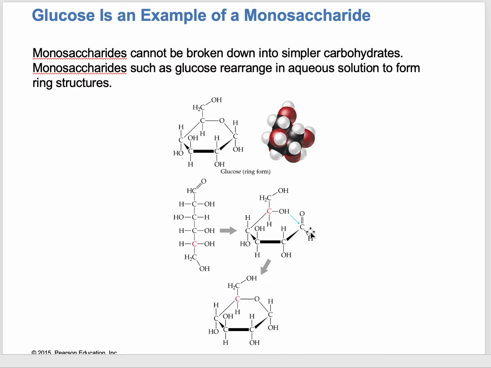When it's connected to carbon number 1, we have two choices. The double bond O will turn into an OH, and it either sticks down or sticks up, and then we have names for that. If that OH is down, we call it alpha. If that OH is up, we call it beta. So that's a 50-50 chance to form two different structures. That's what you see, the cyclic ring form of glucose, which is more stable.